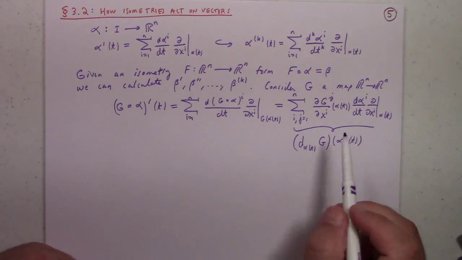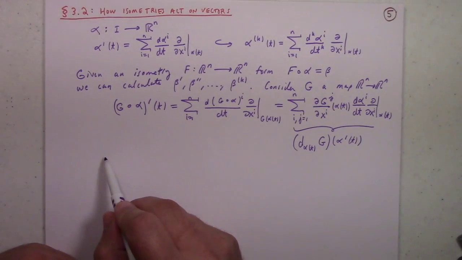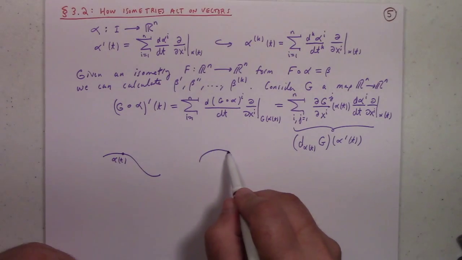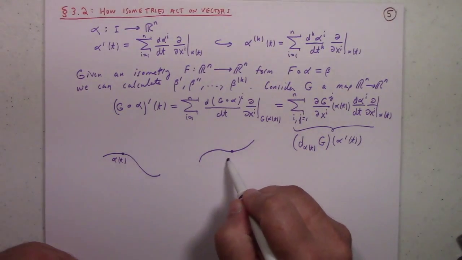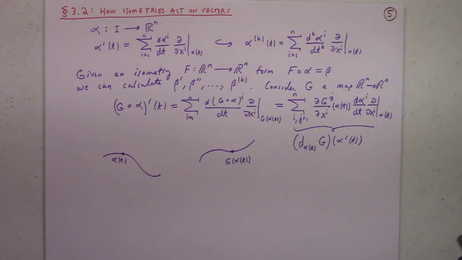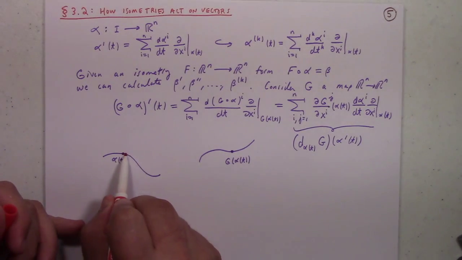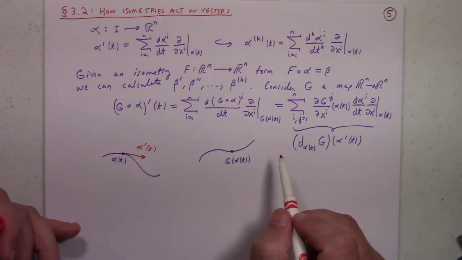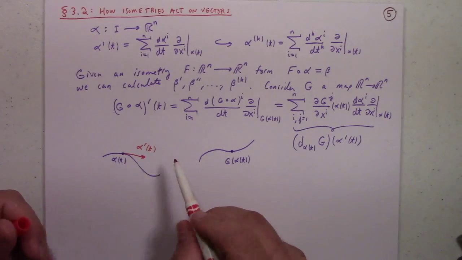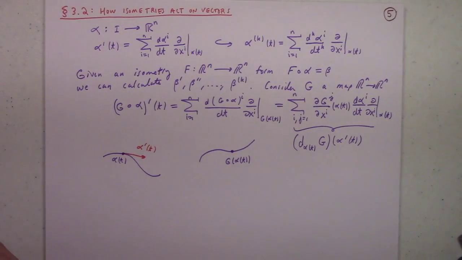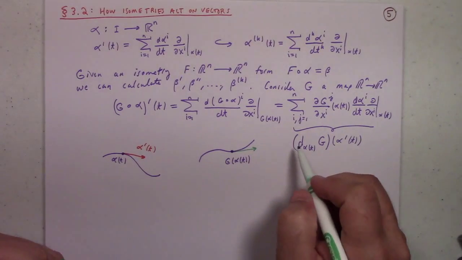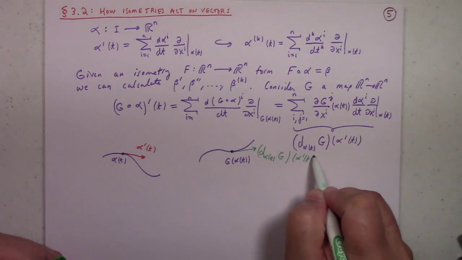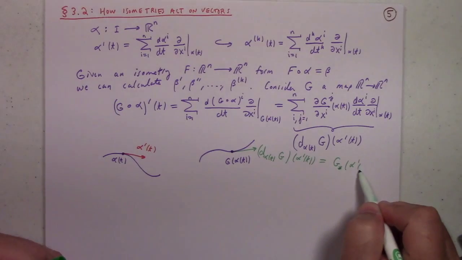So what this little calculation shows is that if I take a curve alpha, a point alpha of t, the image curve and the corresponding point G of alpha of t, then the tangent vector alpha prime of t would get pushed forward by the map over to here, G push forward of alpha prime of t.